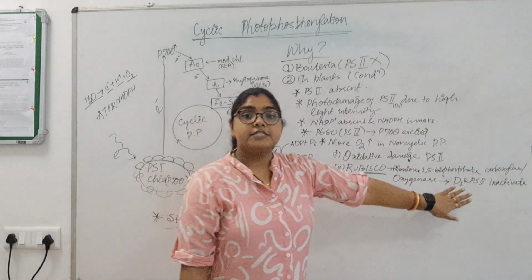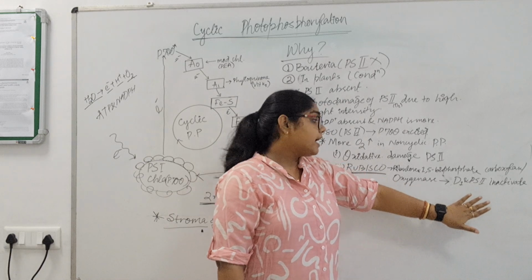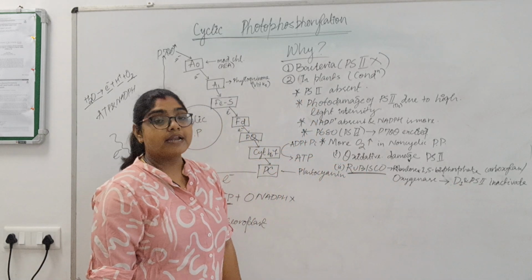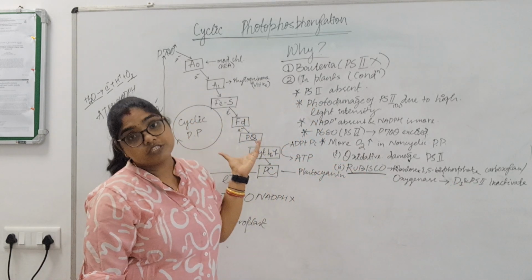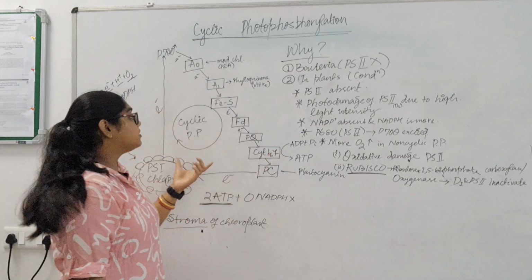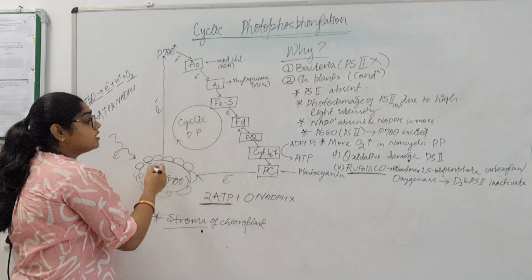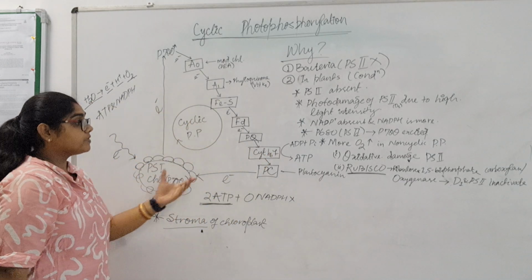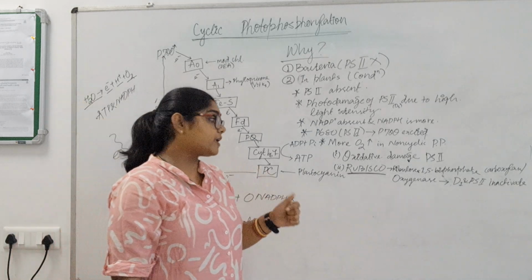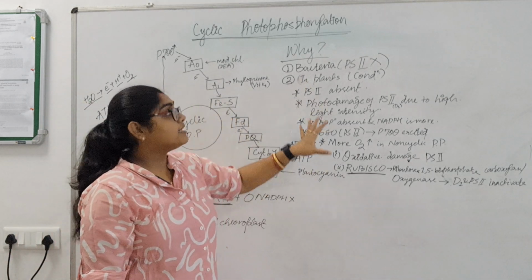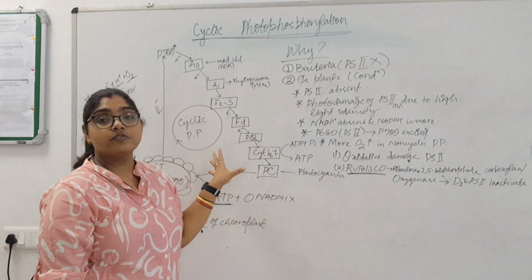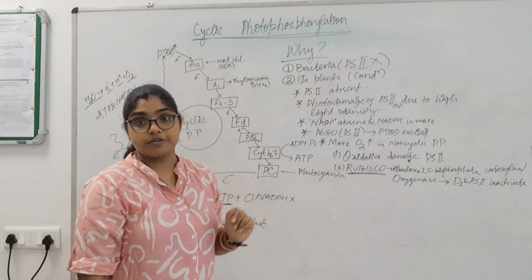When photosystem 2 and the D1 protein are inactivated, only photosystem 1 is involved, and the electron travels in a cyclic path following cyclic photophosphorylation. So these are the reasons why cyclic photophosphorylation is required.